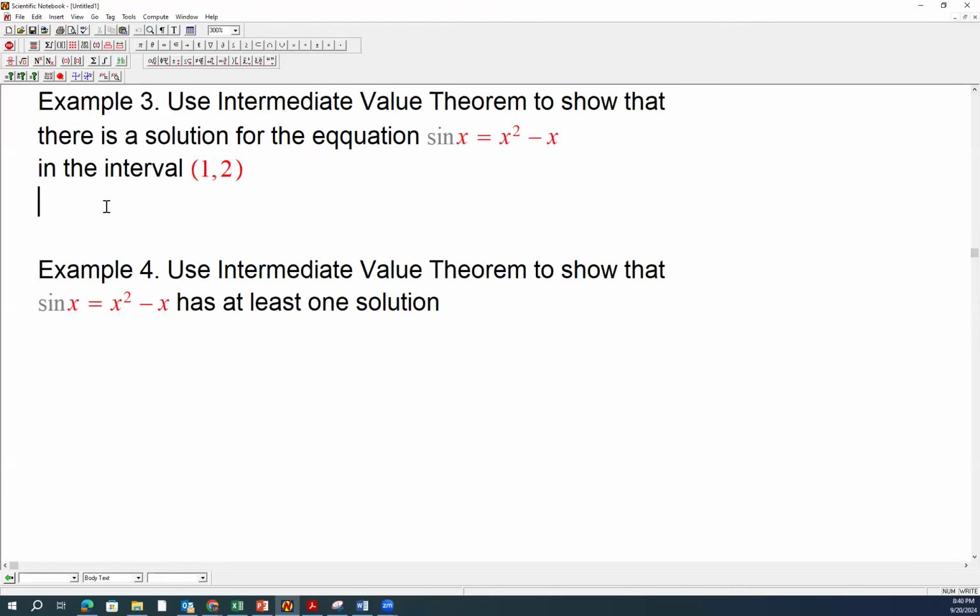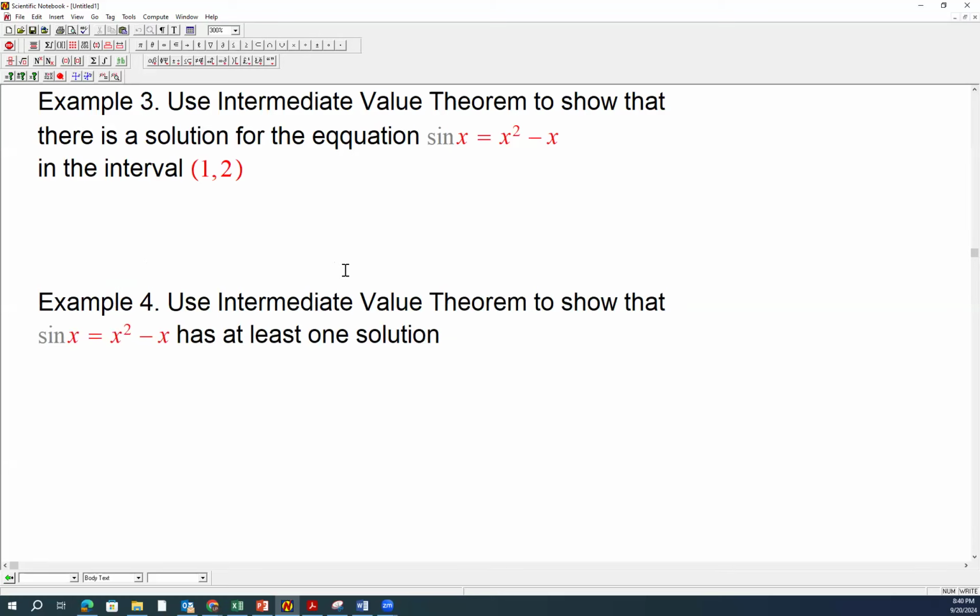So by this time, in terms of analysis, we agree that making a 0 is easier. So we say, okay, if we have a solution, then we got a function, sine x minus x squared plus x equals 0.